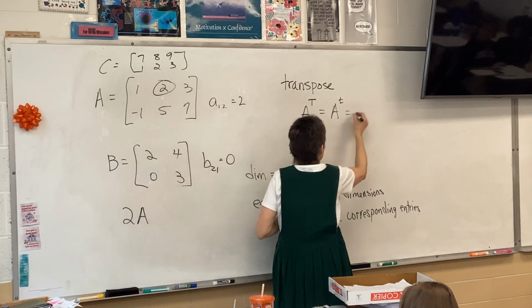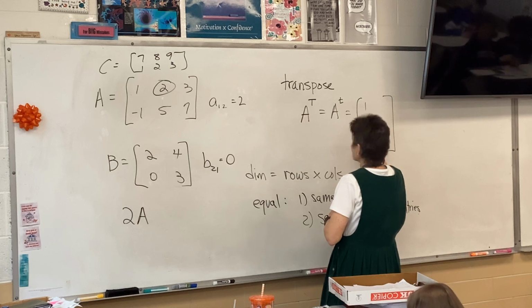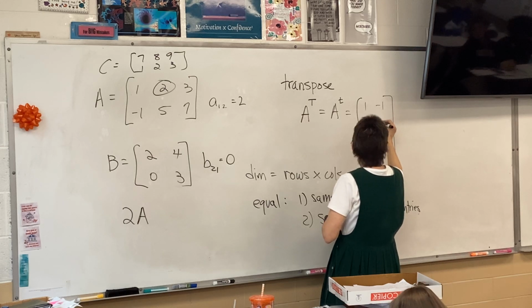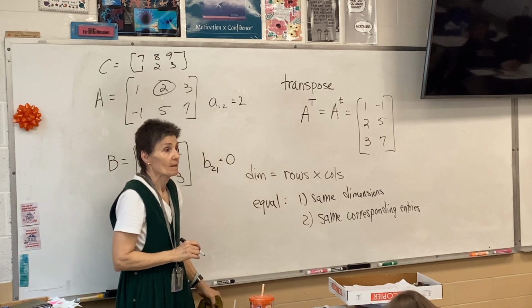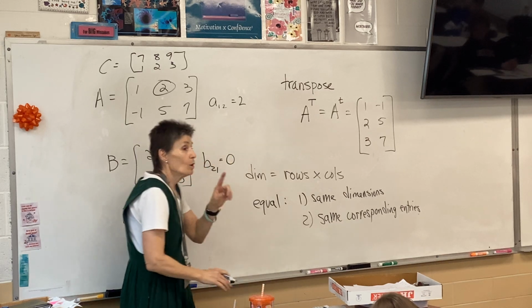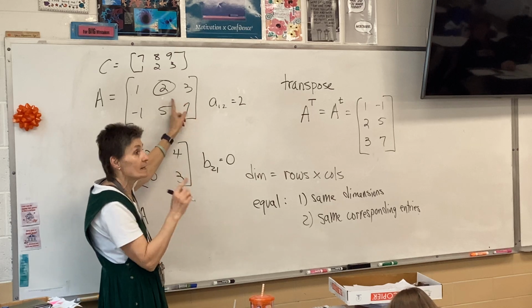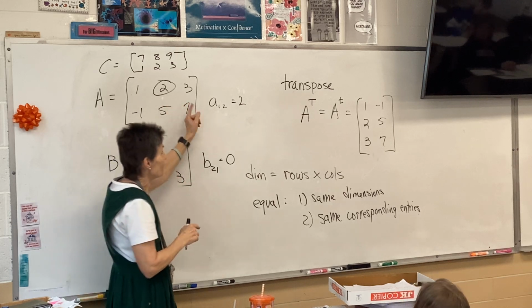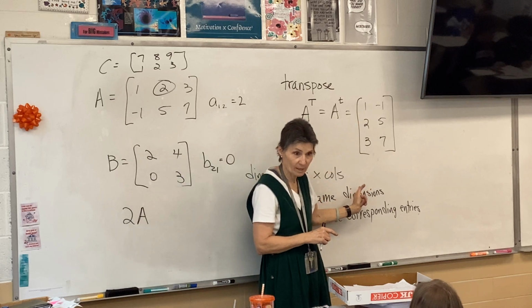Here is the transpose of A. Tell me if you can see what happened when I transposed the matrix. Rotate it. So, notice in A, row 1 is 1, 2, 3. In the transpose, column 1 is 1, 2, 3.